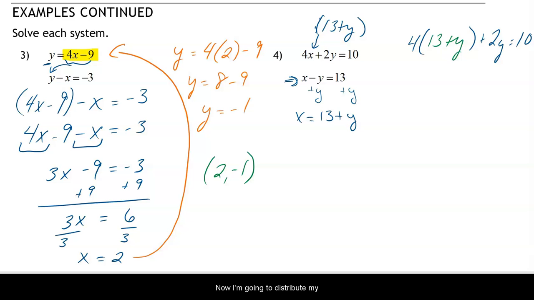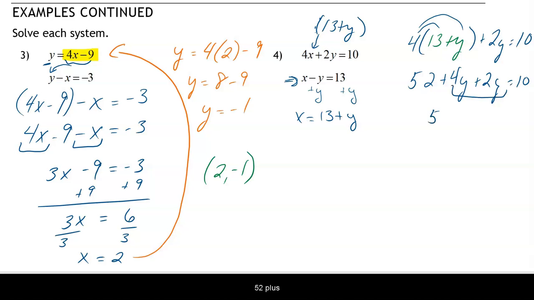Now I'm going to distribute my 4 into the parentheses. So 4 times 13 will be 52 plus 4y plus 2y equals 10. Combine my y values together.